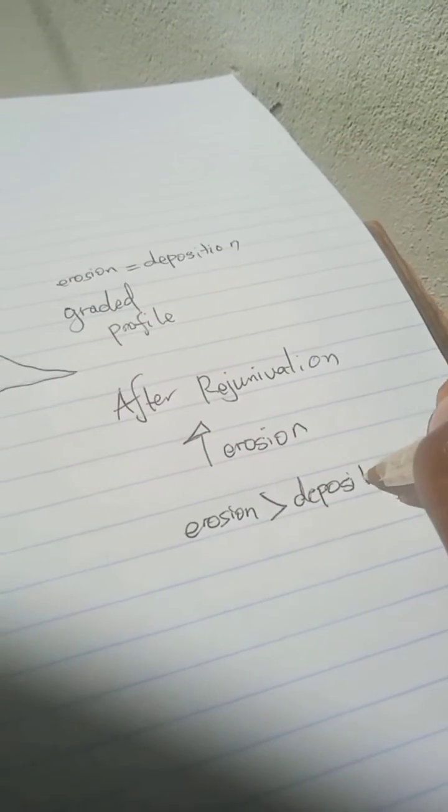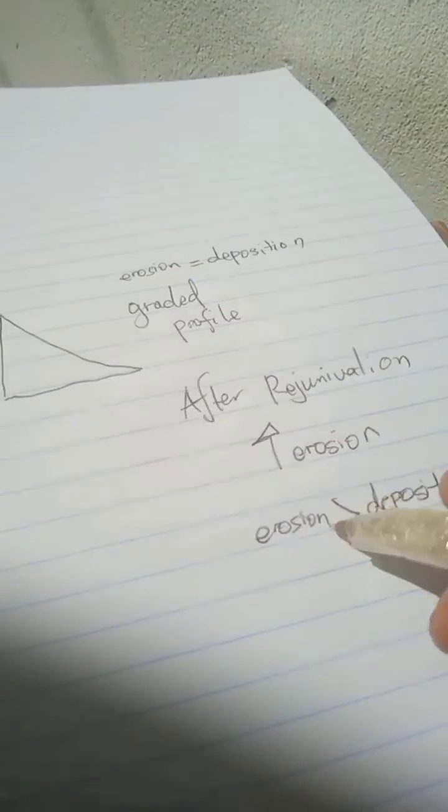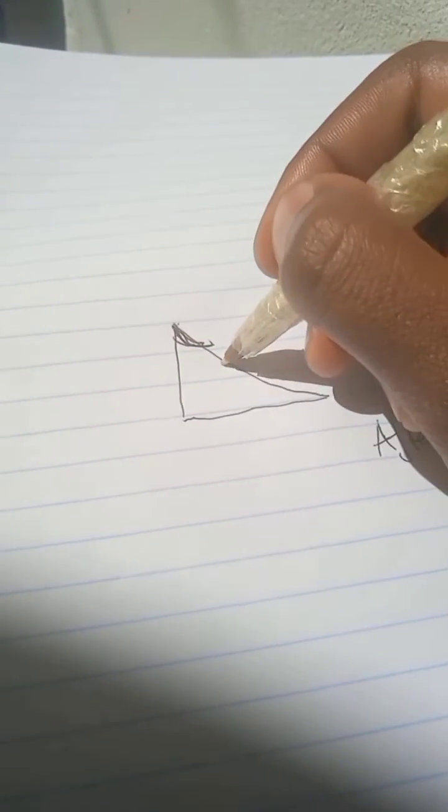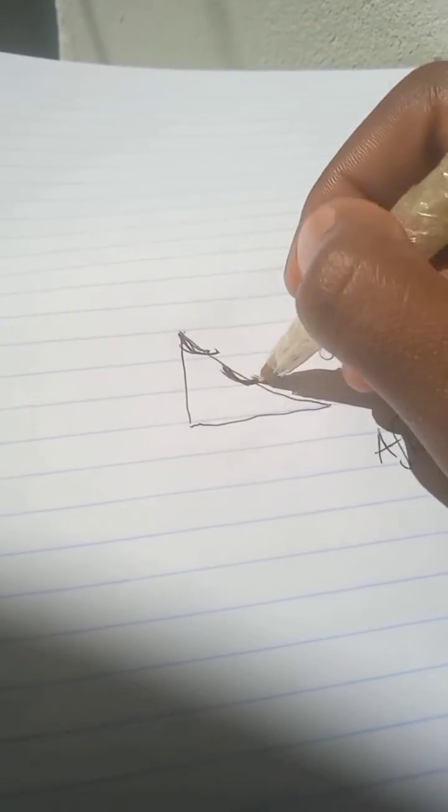That balance is disrupted. Because you're going to have more erosion, you're going to remove more. I'm going to remove this material, and this material, even here in the middle course. So the vertical erosion and the lateral erosion increase. The deposition stays low like that.